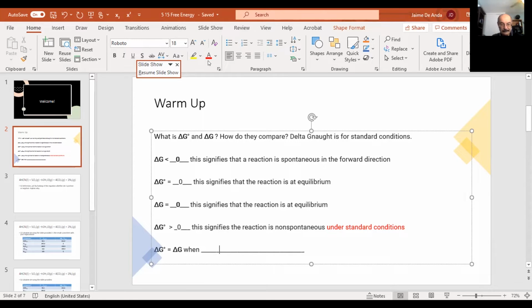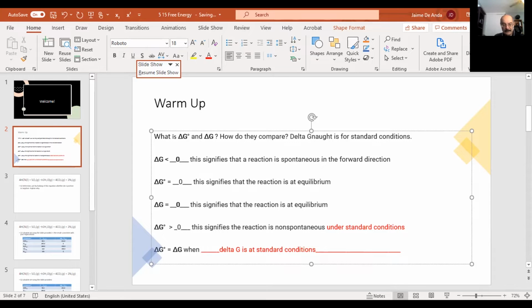When delta G is at standard conditions. These are more conceptual things that I want you to remember always.